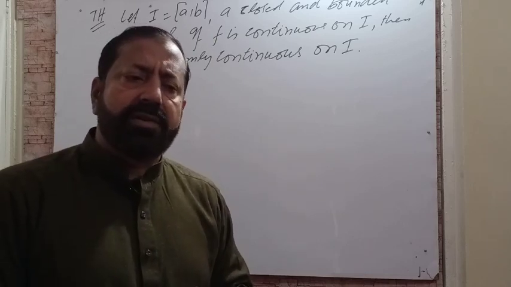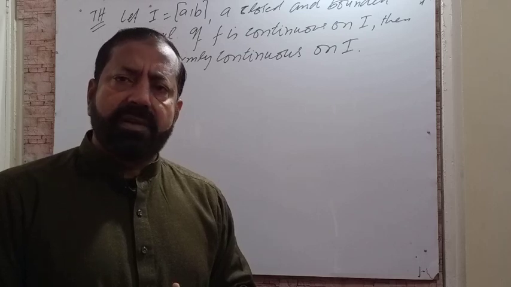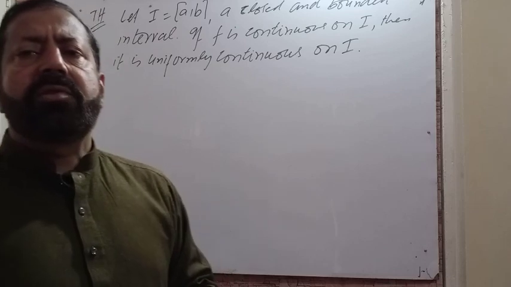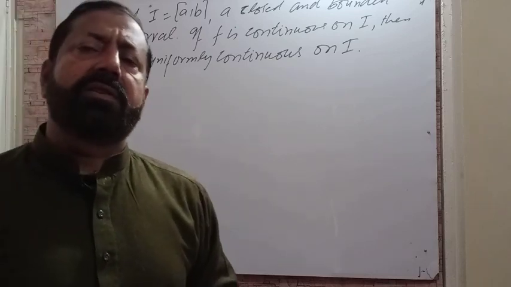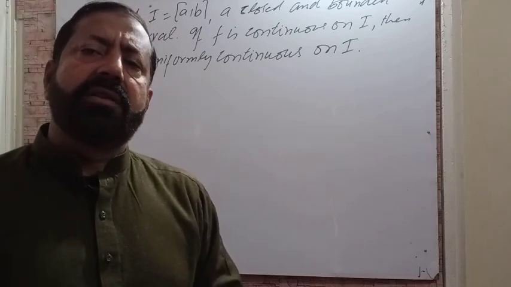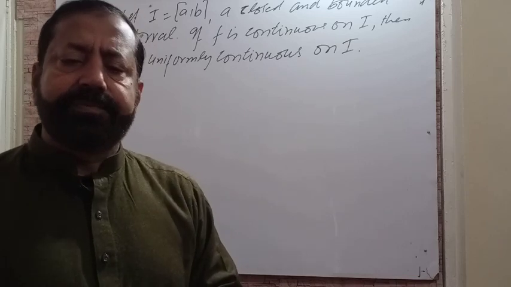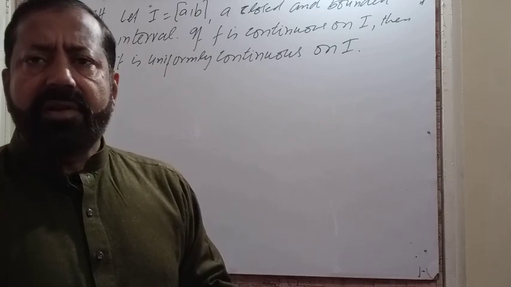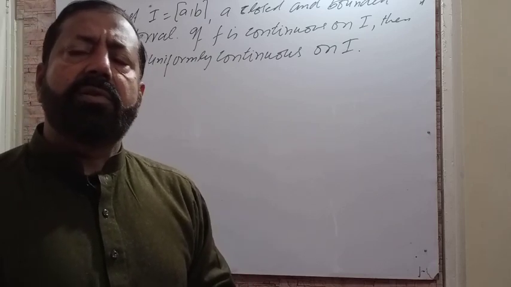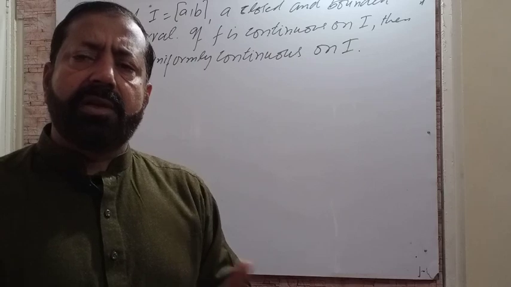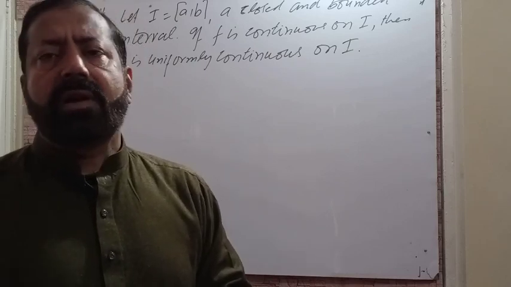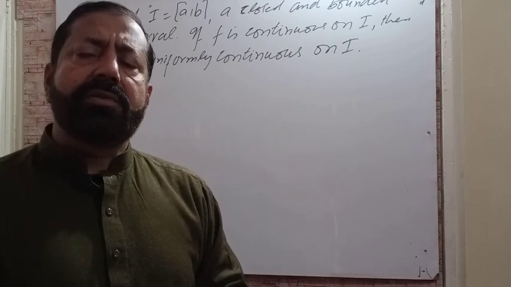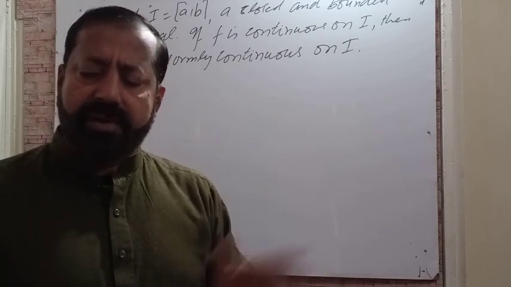Since you have seen that not every continuous function is uniformly continuous, there was a natural question: can you find all those functions which are continuous as well as uniformly continuous? So the answer is this theorem. If your function is continuous on a closed and bounded interval, that is, on a compact set, then it is also uniformly continuous therein, right?